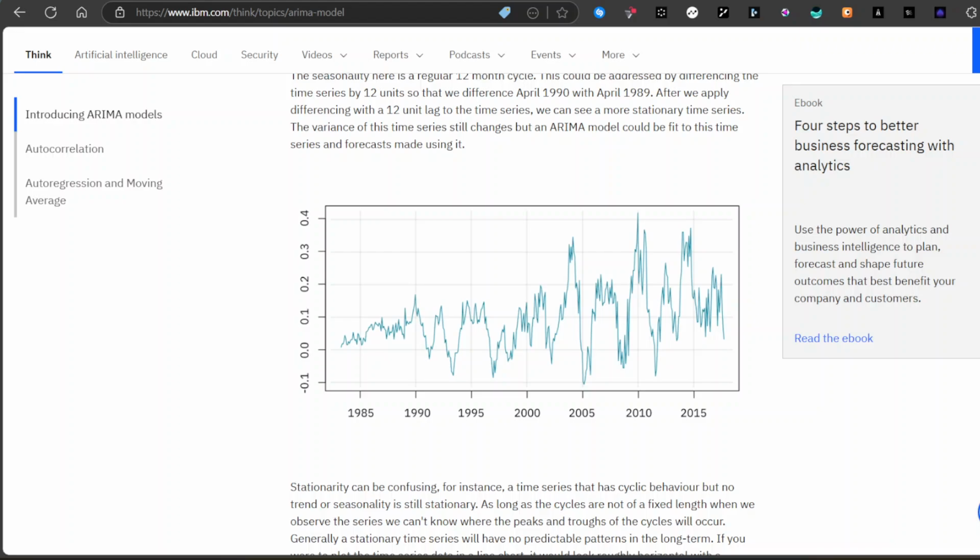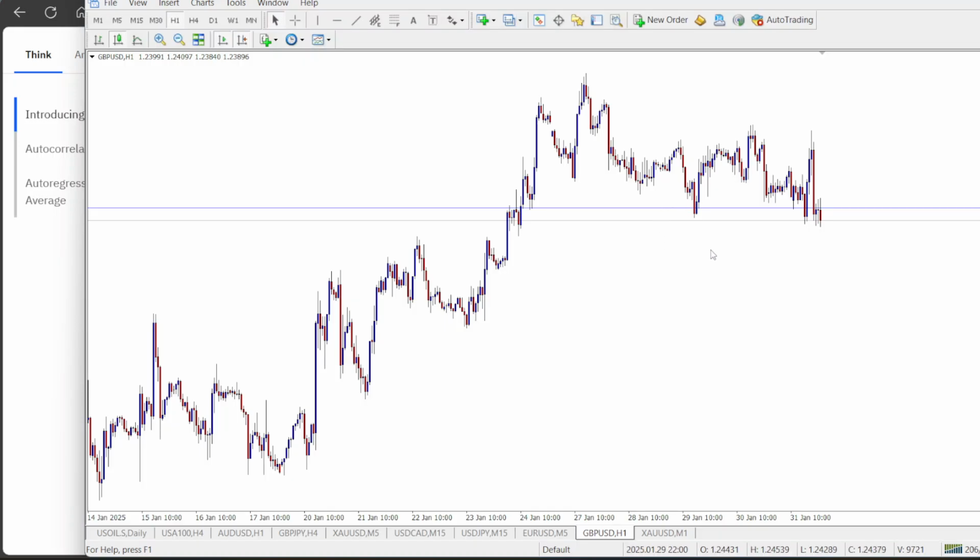Now, consider a practical scenario in Forex trading where ARIMA can be a game changer. Suppose historical data indicates that a particular currency pair tends to follow a predictable cycle after a major economic announcement.